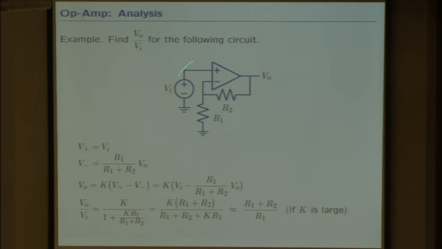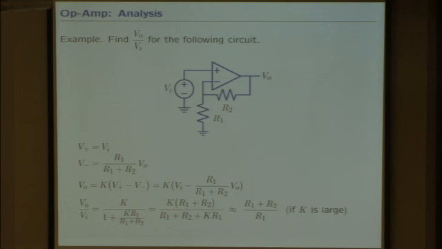So think about this circuit where I'm applying a voltage to the plus lead of an op amp, and I'm wrapping the output back through the minus lead through two resistors. And what I want to do is analyze that circuit by thinking about the op amp as a voltage-controlled voltage source. So I can see just by the way it's wired up that the voltage at the plus lead, so I'm going to be thinking node voltages.